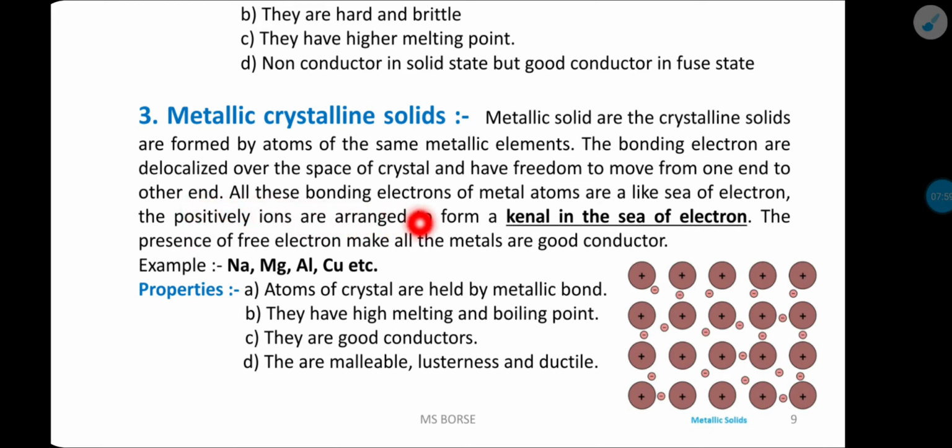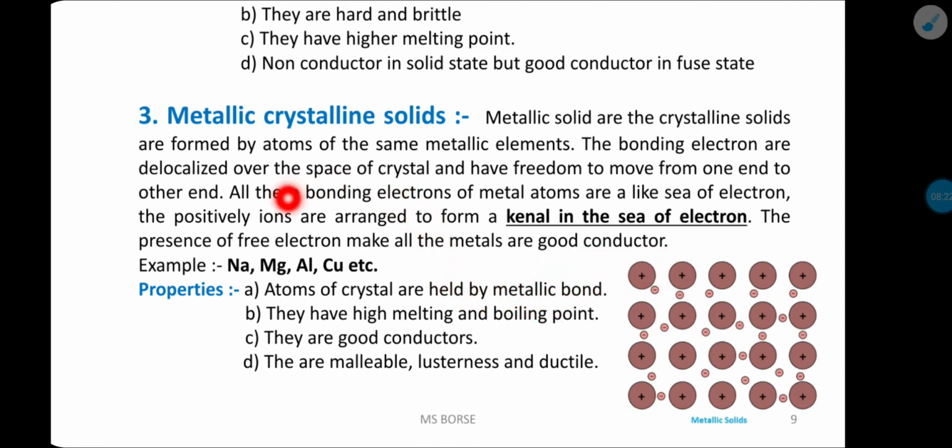All these bonding electrons of metal atoms are like a sea of electrons. The positive ions are arranged to form a canal for these electrons. The presence of these free electrons makes all the metals good conductors of heat and electricity.